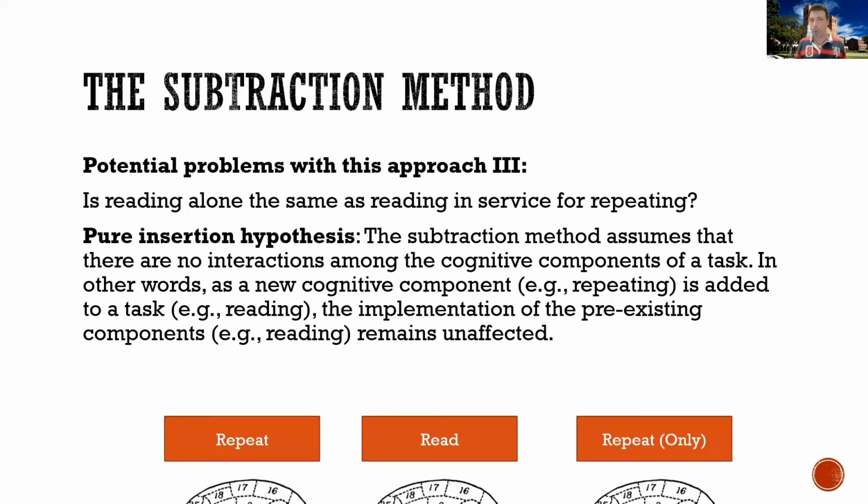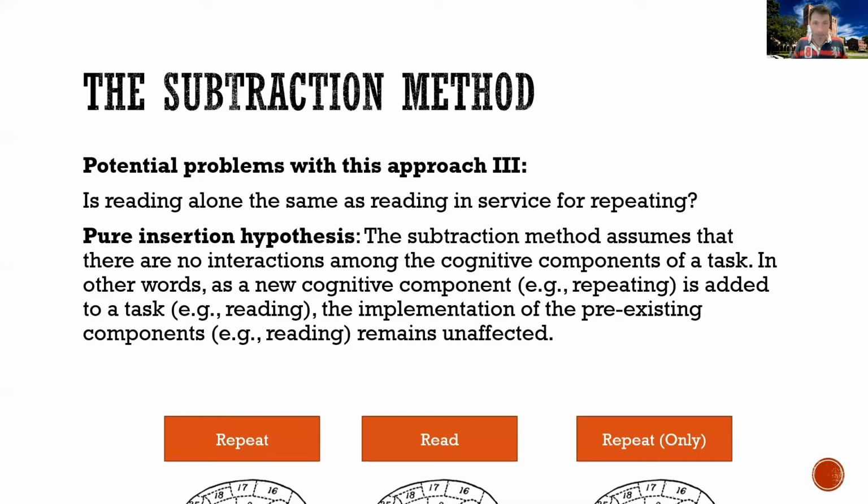Just the same way in which adding ool to the P changes the way in which we say P, maybe adding repeating something on top of reading might change the way in which we read. This is a crucial hypothesis, because every time we do an fMRI experiment and a subtraction, we are assuming that we can add an extra process on top of something, and that won't change anything else.